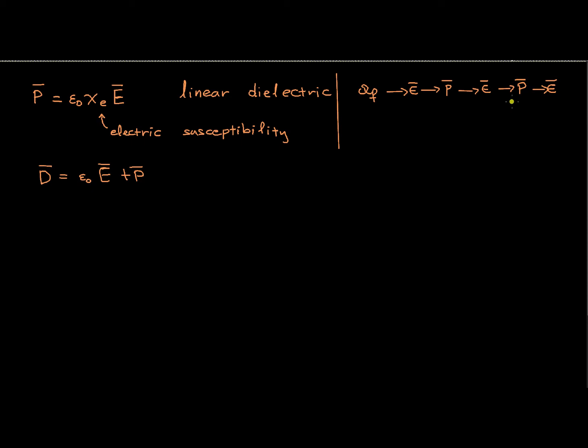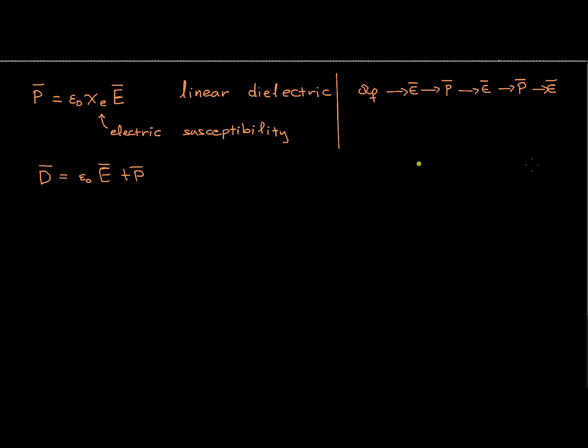But it is important to keep in mind what is going on in these physical processes, meaning the physics. And it is important to remember this is the polarization, this is the electric field, and this is valid if your insulating material is a linear dielectric. This is the total electric field, this is your polarization.